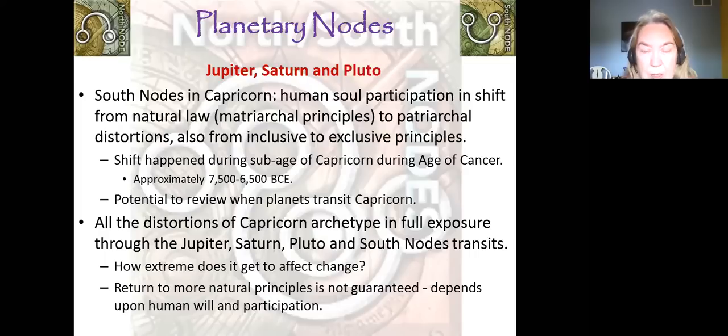So, as these three planets transit the south nodes of the moon and their own south nodes and each other's south nodes, can you see the potential to review? Can you see how we will try to cling to these old patriarchal distortions and yet they cannot sustain us?